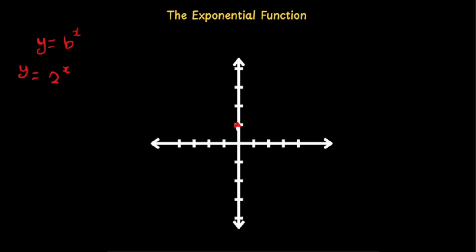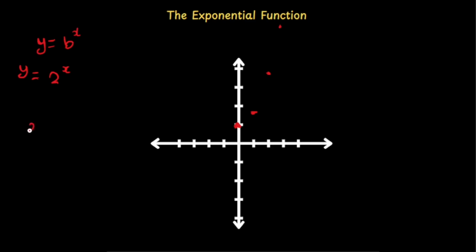Okay? Moving on. 2 to the power 1 should be 2, so I'm going to estimate and put it around here. 2 to the power 3 should be 8, so I'll put it around here. 2 to the power 4 should be 16, so I'll put it around here. Okay? Working backwards. 2 to the power negative 1. That one is tricky. Why is that tricky?